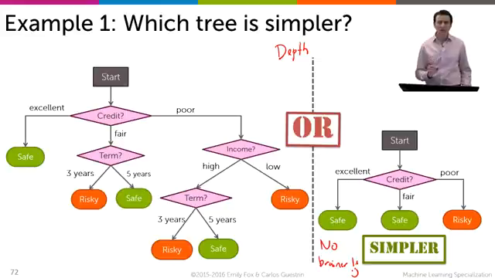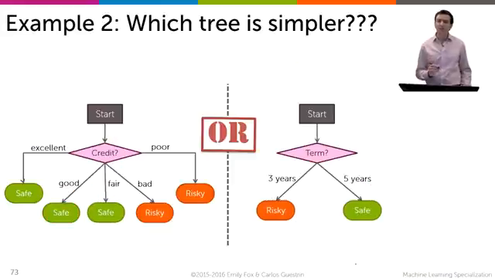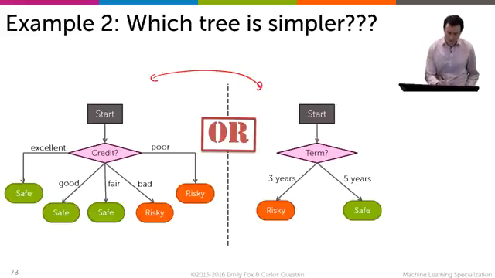And the reason is, the core problem is that some features might have more values than others. And so some features might lead to more splits than others. So here, both trees have the same depth. And so the question is, which one is simpler?